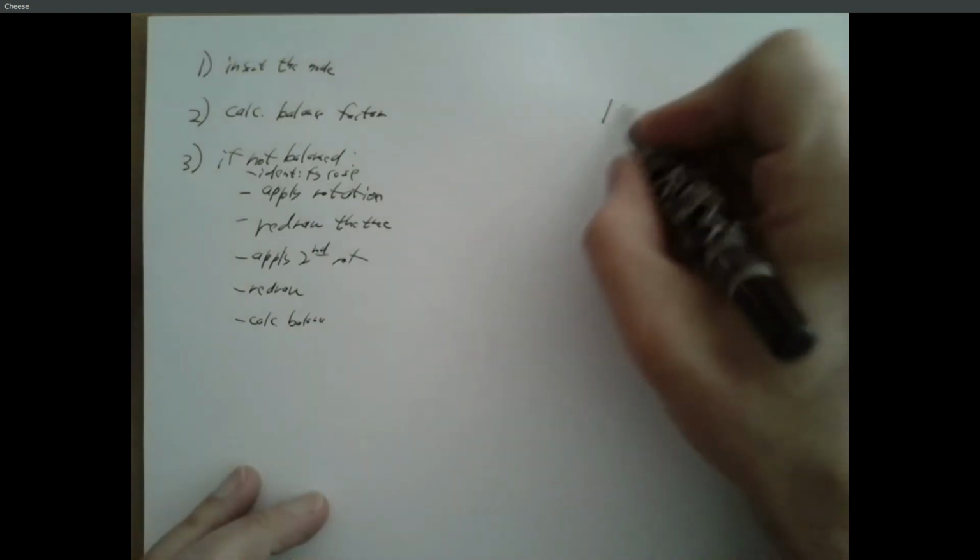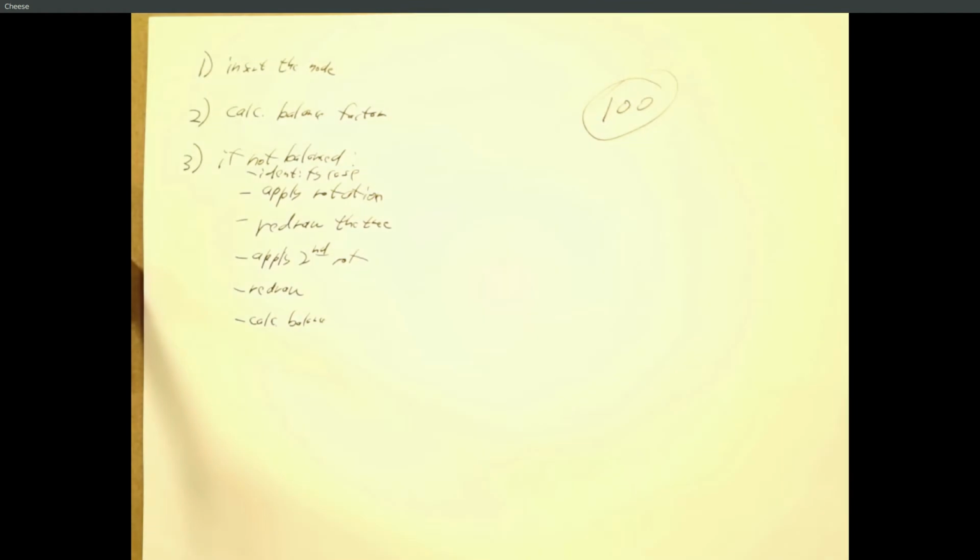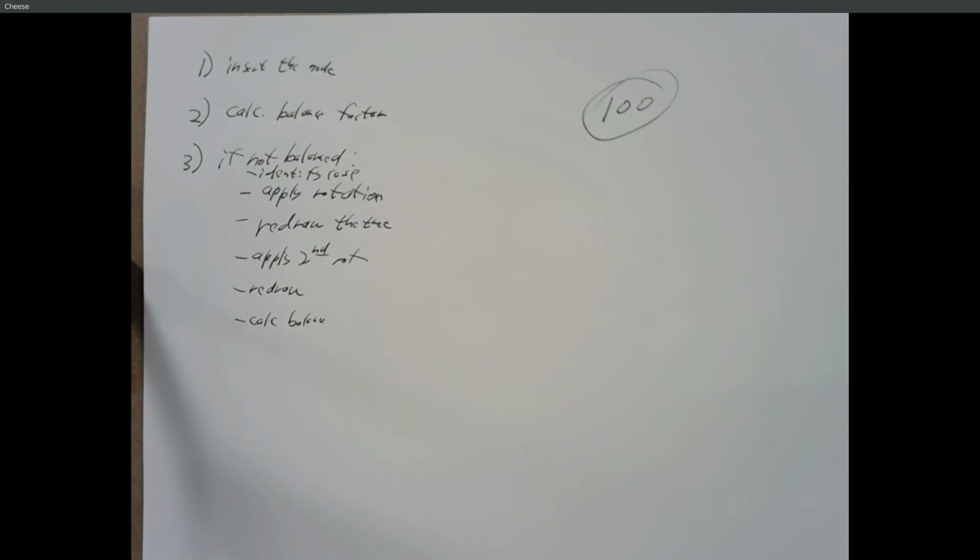Let's just insert a 100 into your tree. This one's not going to be terribly painful. All right, good. And write down the balance factor.